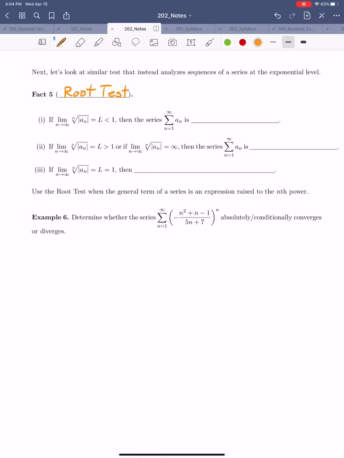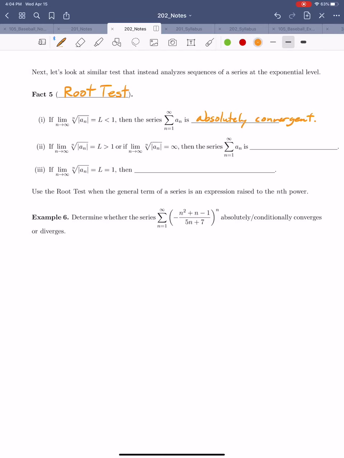If we take the same approach, but instead of proportionally considering the absolute value, we consider the nth root of the absolute value of the general term, and we get that that is less than 1, then the series is absolutely convergent. And that means that as n is getting bigger and bigger, the general term is getting exponentially smaller in some way.